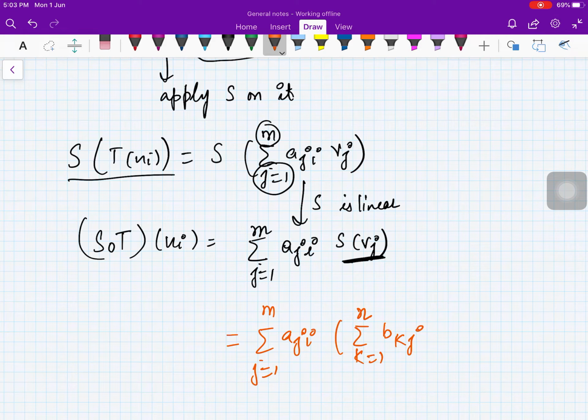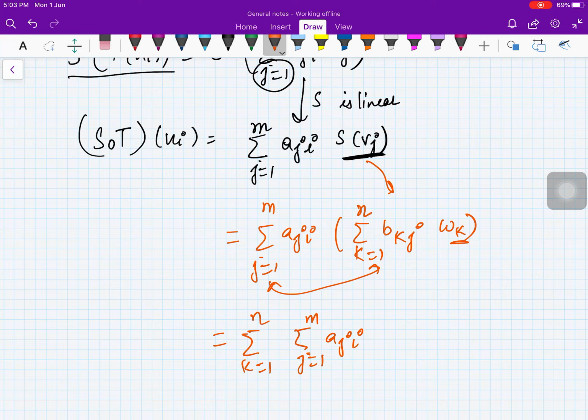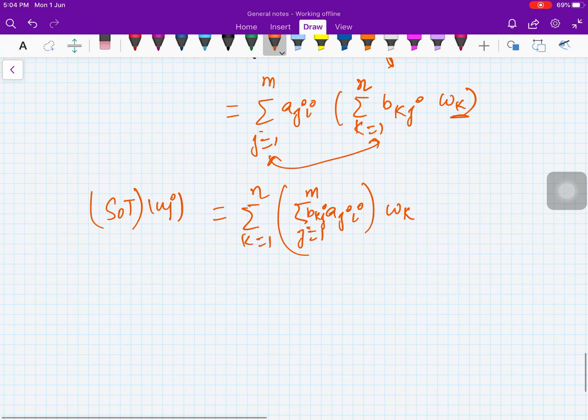So this is the sum over K from 1 to N, I am just interchanging, and then you have the sum over J from 1 to M of AJI BKJ, which I can write in the beginning, into WK. You'll know why I'm doing so. Now you see, this is for UI.